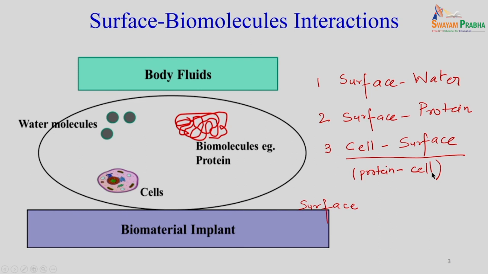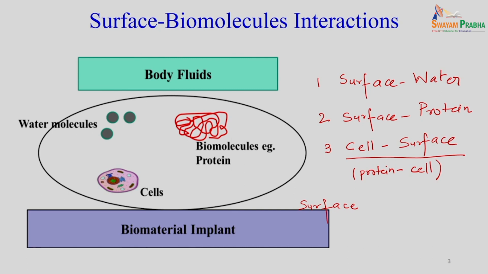So, these are the 3 steps, and all these 3 steps are regulated by, or you can say they are all dependent on, the surface property, including its mechanical, chemical and surface property of a particular biomaterial surface.